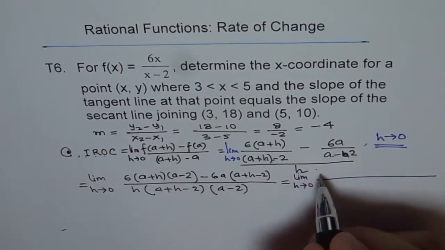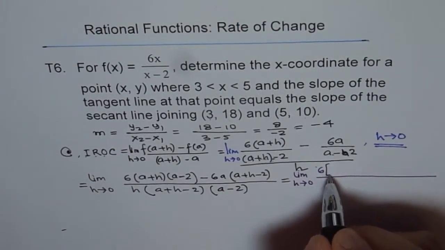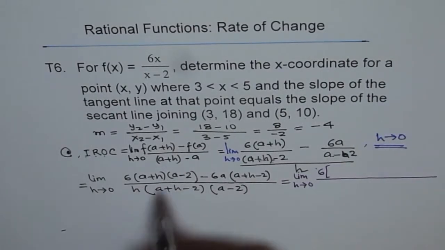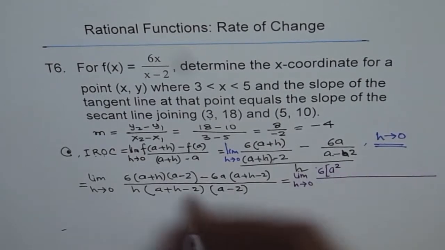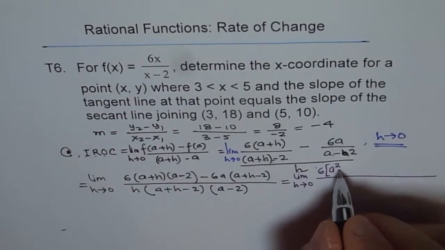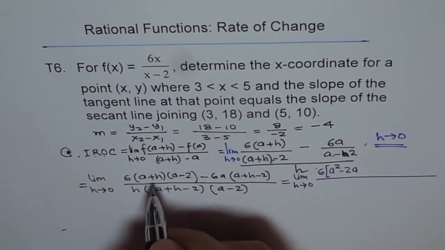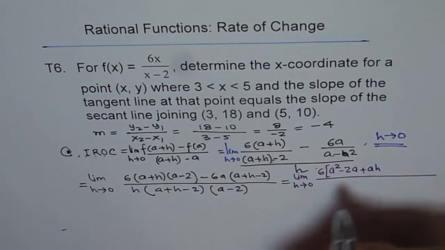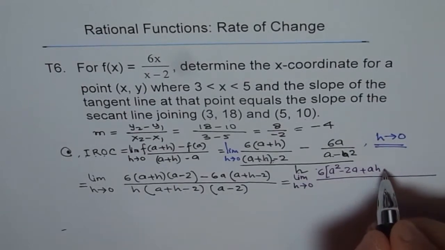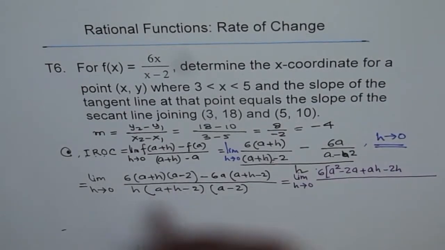I'm writing 6 outside and multiplying the rest of the terms. So we get a square, and a times minus 2 is minus 2a. h times a is ah, and minus 2h, minus 2h. That is these terms, right?